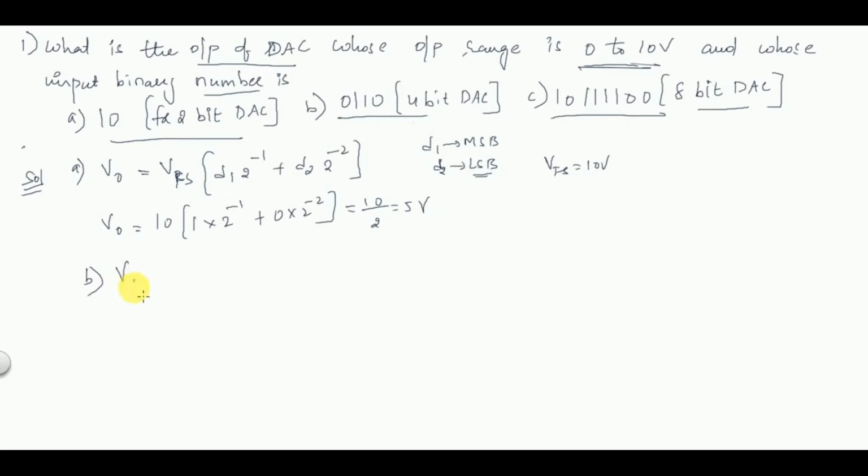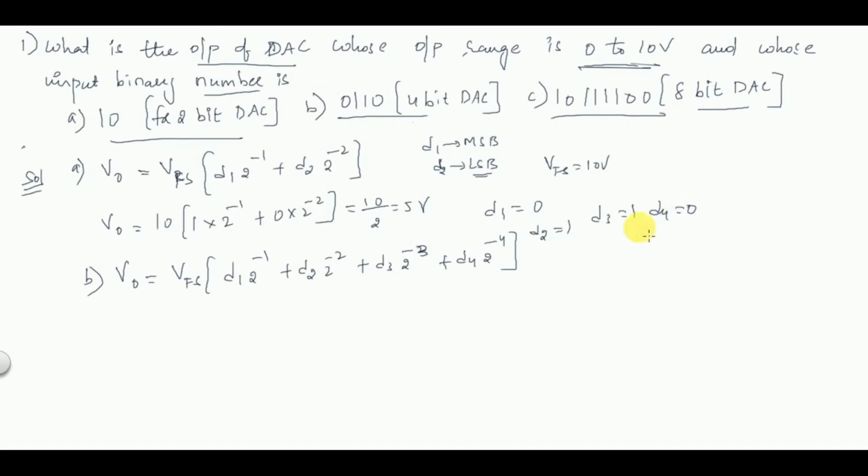Similarly for the second problem, since it is 4-bit, V0 is equal to VFS into D1 times 2 to the power of -1 plus D2 times 2 to the power of -2 plus D3 times 2 to the power of -3 plus D4 times 2 to the power of -4, where D1 is equal to 0, D2 is equal to 1, D3 is equal to 1 and D4 is equal to 0.